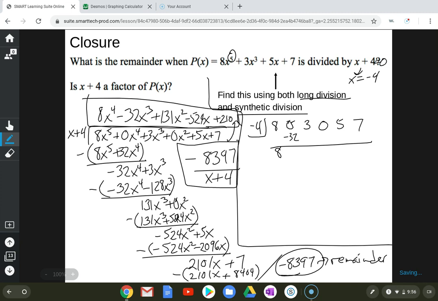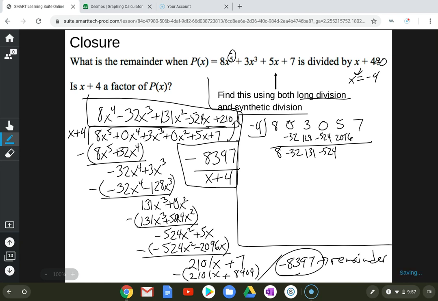Negative 32. Then 128, and it's positive, so I end up with 131 times negative 4, so negative 524. Negative 524 times negative 4 is positive 2,096.